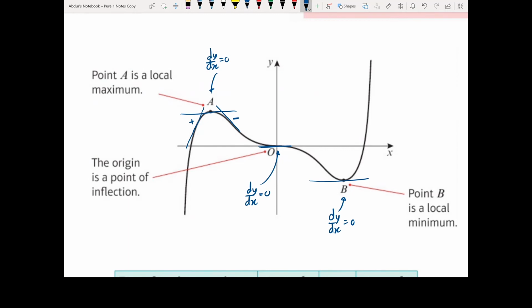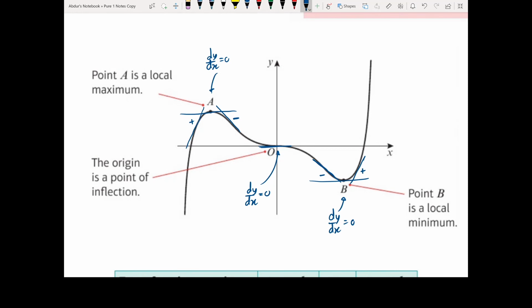So when we have a positive gradient before and then a negative gradient after, this is another indication of how we can find the maximum. Notice that for a minimum, it's the opposite. Just before, we have a negative gradient, and just after the point B, we have a positive gradient, and that's an indication of a local minimum.